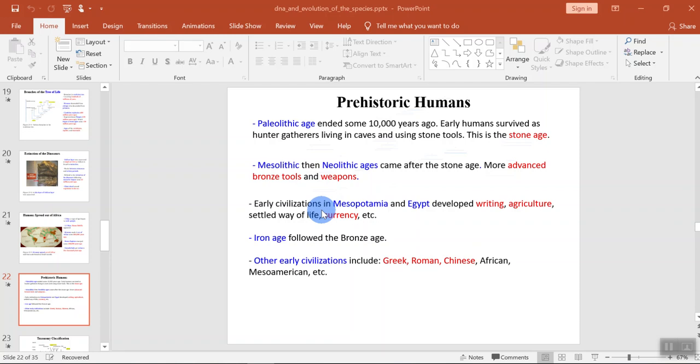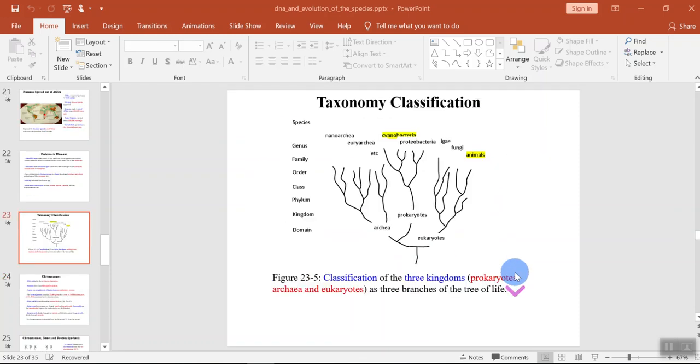There are many early civilizations that developed, well documented in history, and there's the Iron Age, which followed the Bronze Age. Stone Age, Bronze Age, Iron Age. All other early civilizations that we're familiar with.